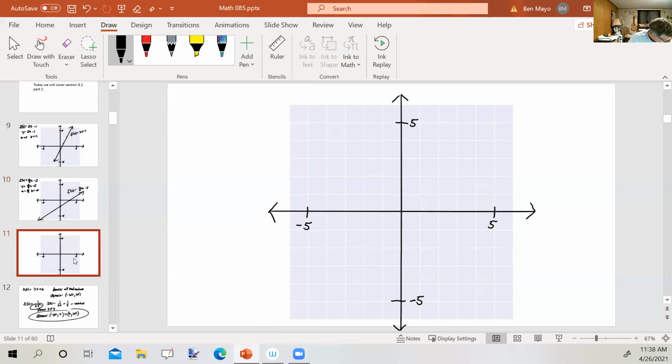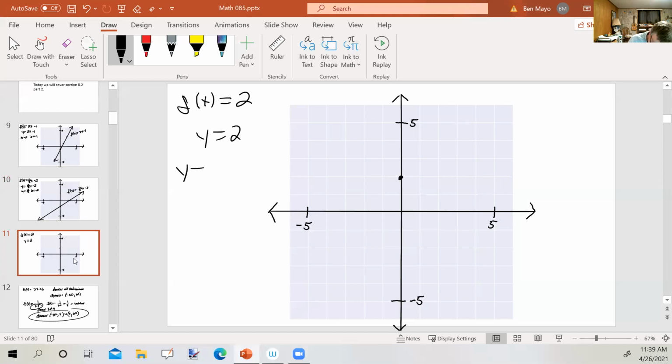Let's take a look at another one. How about this? F of x equals 2. That's like y equals 2. Well, recall from beginning algebra, if you have an equation in the form y equals a constant, that is going to be a horizontal line passing through that y value.